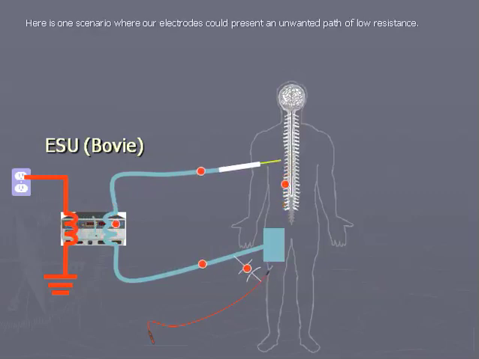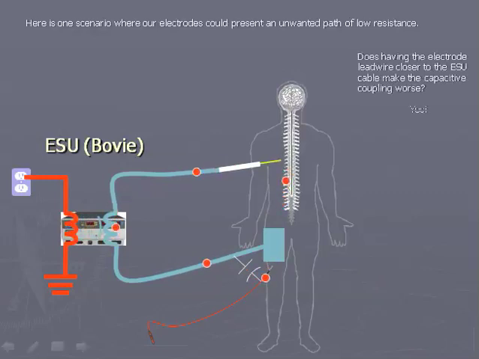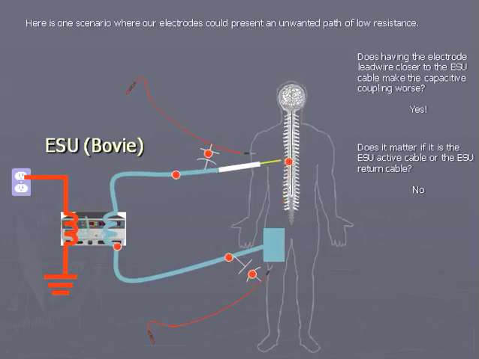Does having the electrode lead wire closer to the ESU cable make the capacitive coupling worse? Yes, it absolutely does. Does it matter if it is the ESU active cable or the ESU return cable? No, it does not. The possibility for capacitive coupling between our electrode lead wires and the active ESU cable is the same as the possibility for capacitive coupling between our electrode lead wires and the ESU return cable.